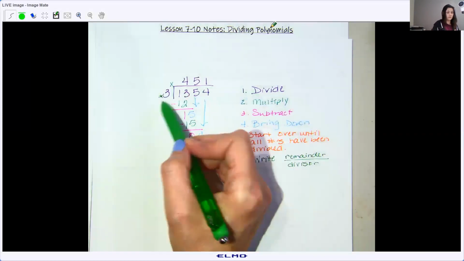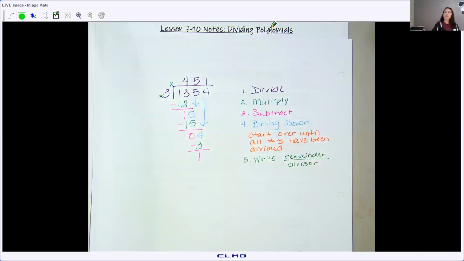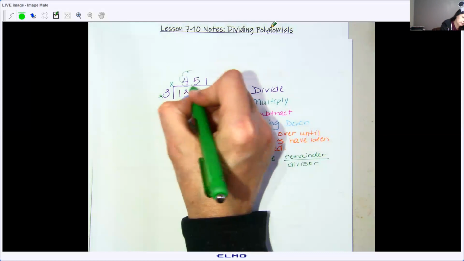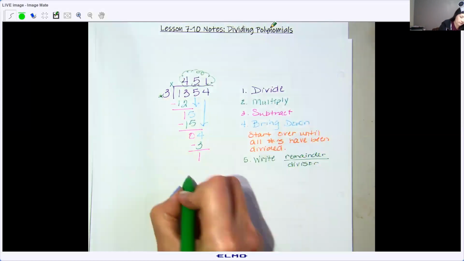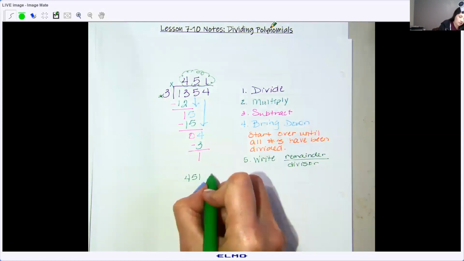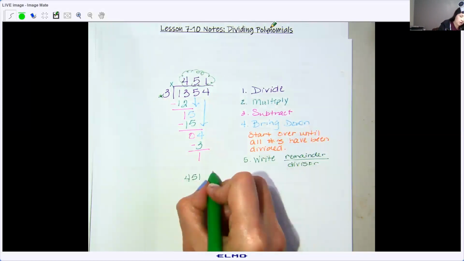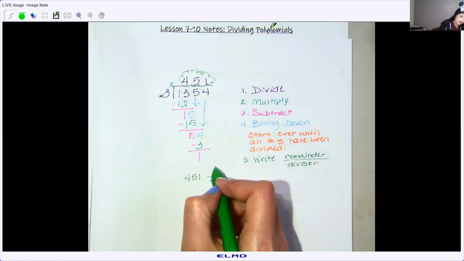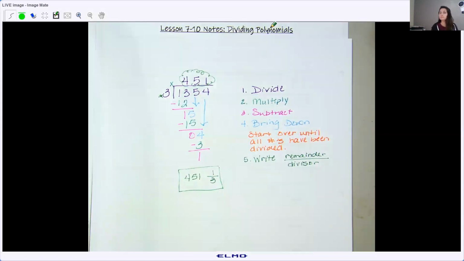This is your dividend, this is your divisor, this is your quotient. So our final answer is going to be our quotient of 451, and then our remainder of 1 over our divisor of 3. And this is our answer.